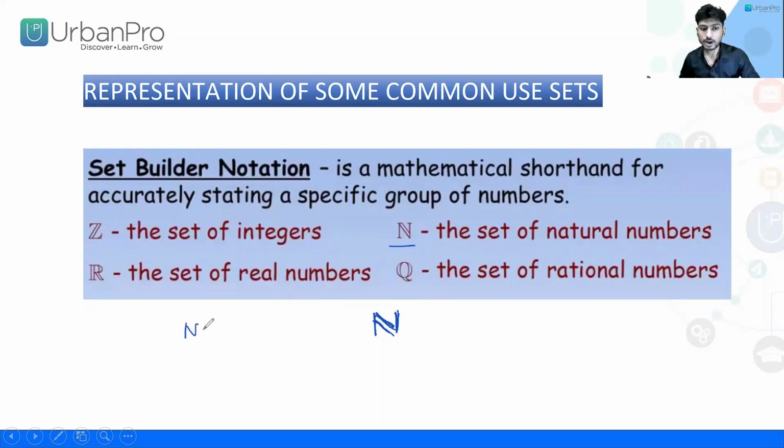You will not use the plain N here, because that is only the alphabet. When you use this sign, it means the set of natural numbers, like 1, 2, 3, dot, dot, dot. When we use the three dots, it means it goes up to infinity. So remember, we use the three dots only for representing an infinite set.